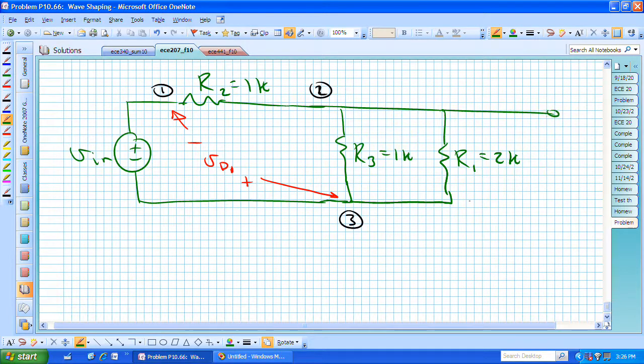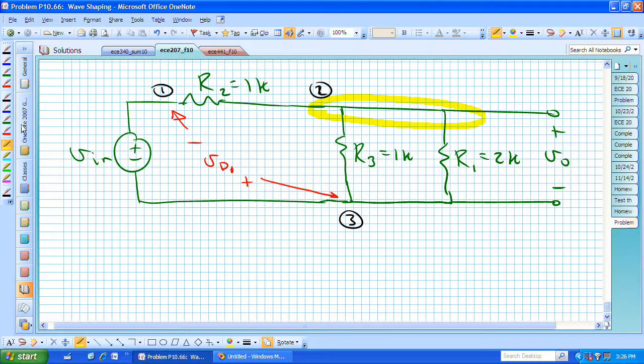And this is now our output voltage, positive on node 2 and negative on node 3. We're now in a position to analyze this circuit. This circuit looks a little bit more familiar to us.